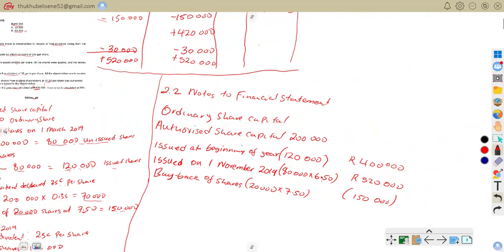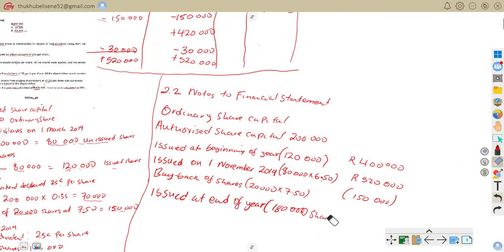Now we are to know the issued shares at the end of year, where we're going to have 180,000 shares.